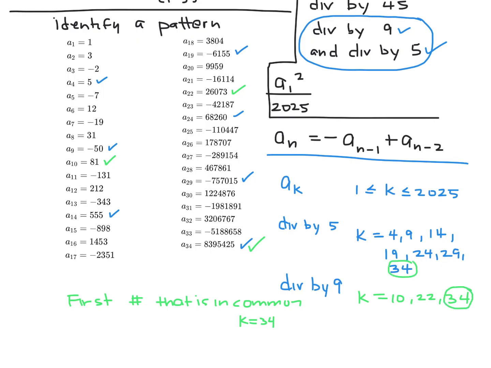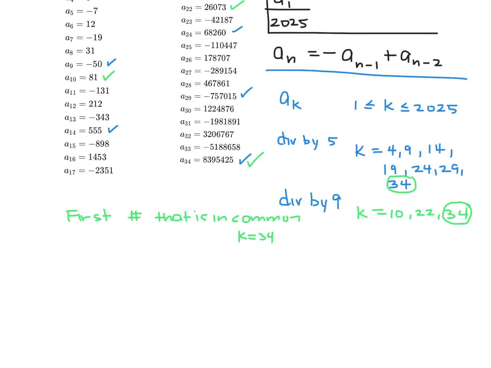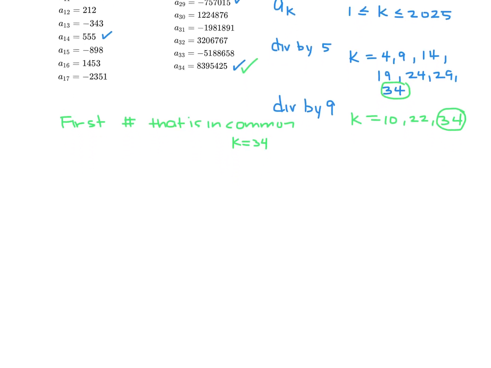Now at this point, there's a temptation that you say, well, every multiple of 34 must be divisible by both 9 and 5, but I don't think it's that easy. Like, 34 and then 68 and so on. I don't think that's the case. So that's why this question is quite challenging and quite time consuming.